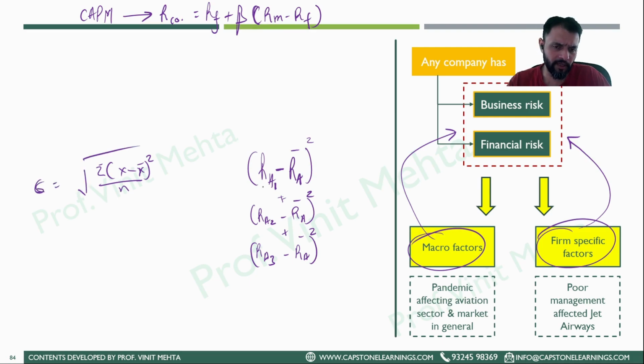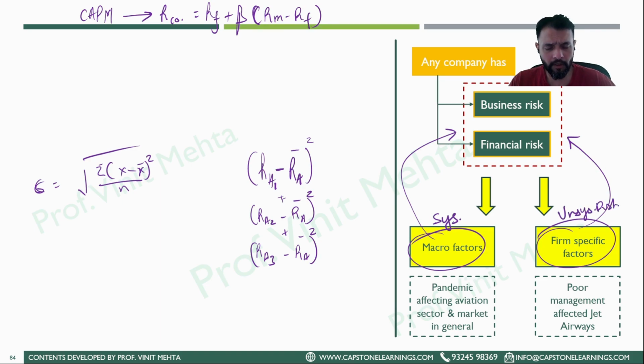What I'm making you realize is that the deviation of each and every return of the company away from its own mean, its own average, captures the total risk of the company. Total risk: the firm-specific factors affecting the risk of the company and the macro factors both. So from that perspective, this is called systematic risk and this is called unsystematic risk, okay?